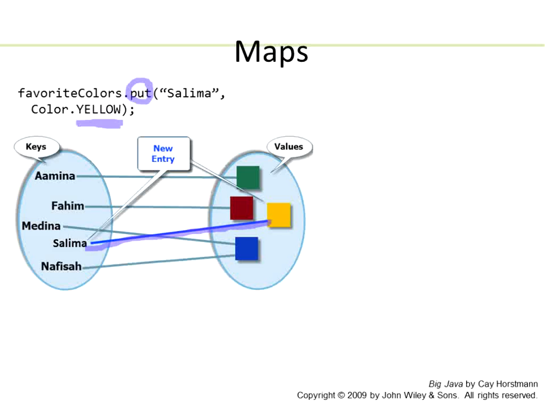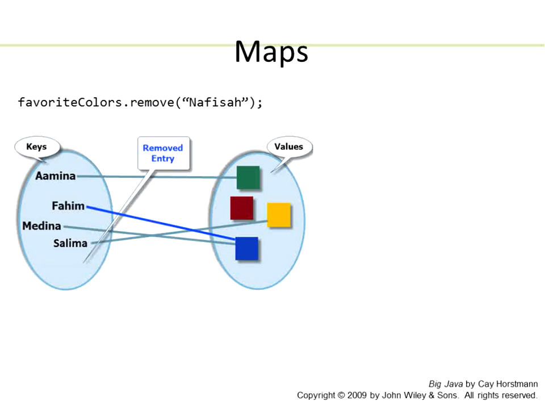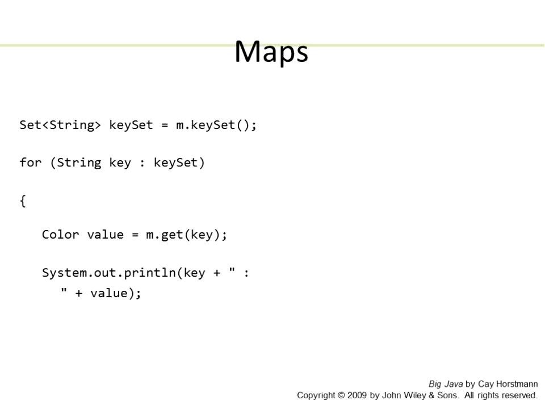So now the association is with yellow. Similarly, if you want to change the entry, just use put and change the value. And if you want to remove any entry, you have to use the remove keyword. So these are the ways by which you can represent a map.